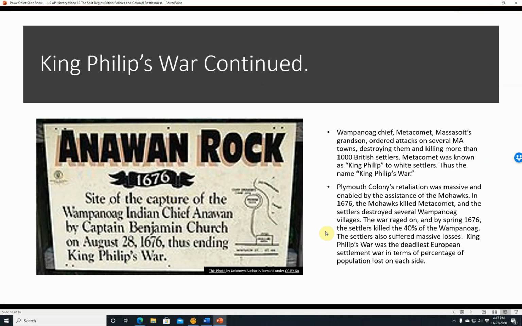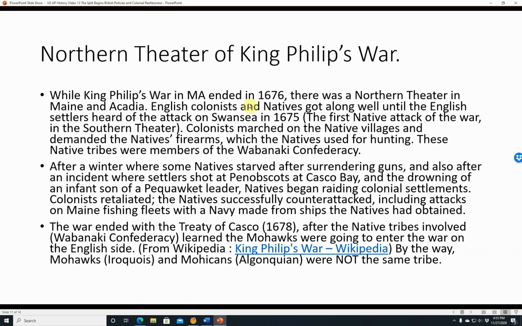So let's take a look at the northern theater. So this was the southern theater. Northern Theater of King Philip's War. While King Philip's War in Massachusetts ended in 1676, there was a northern theater in Maine and Acadia. The English colonists and natives got along well until the English settlers heard of the attack on Swansea in 1675, which was the first native attack of the war in the Southern Theater.